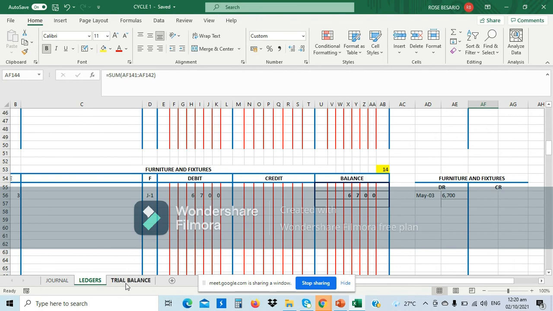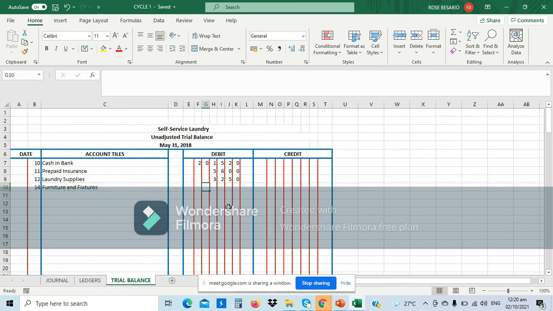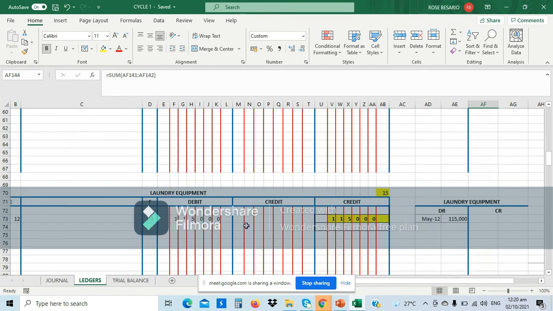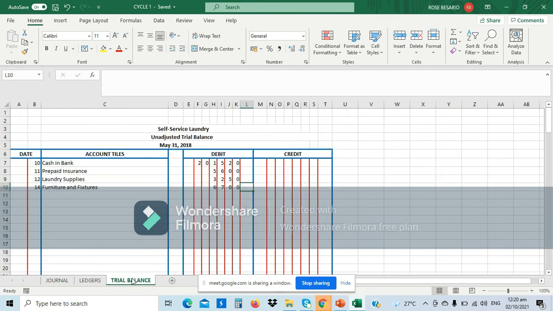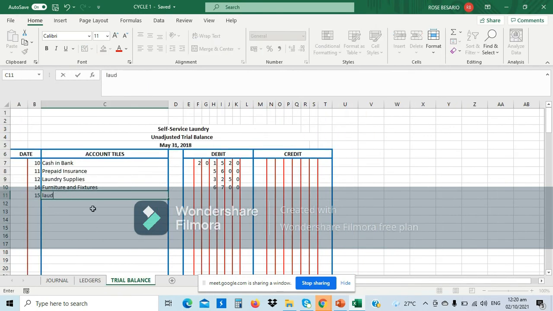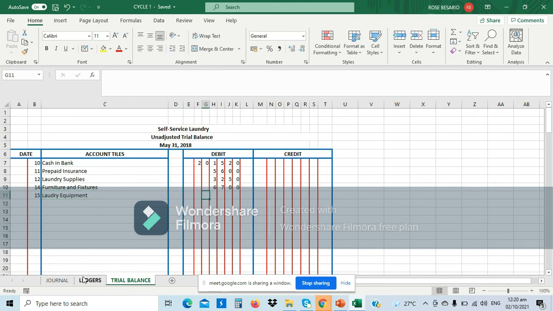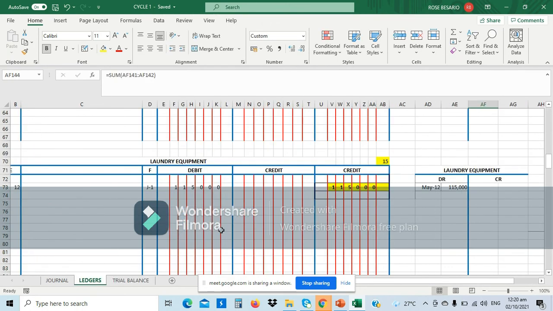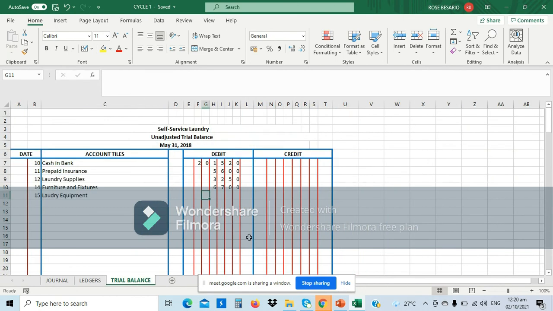We have 6,700. Then we have laundry equipment. This is 15, how much? We have 115,000.